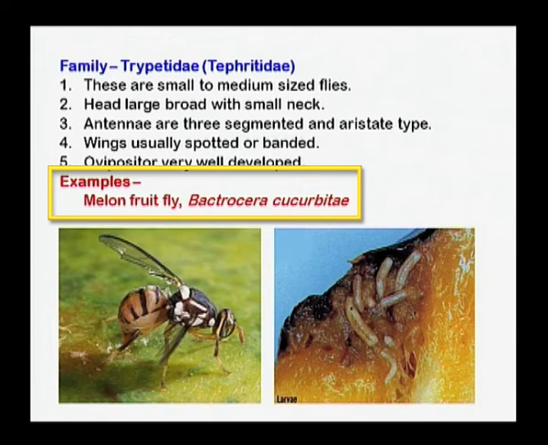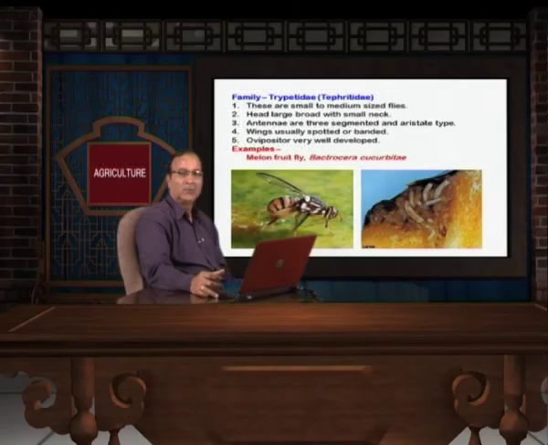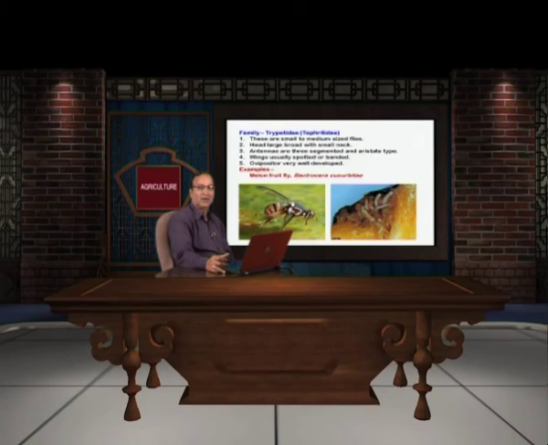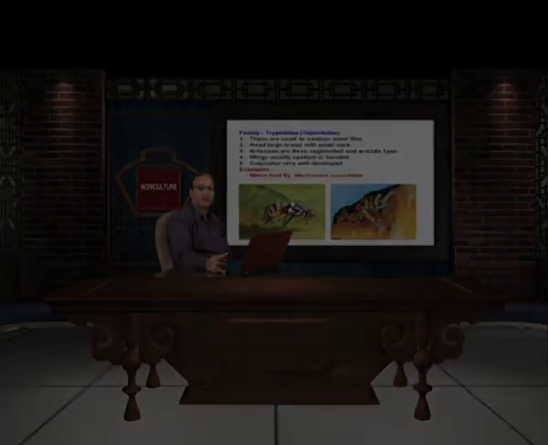This is a noxious pest of many cucurbits, especially the melons, where it destroys both the quality as well as the quantity of the fruits. Thereby, we don't get the return as we expected because of the damage. Once the damaged fruits are sold in the market, they fetch very low prices.